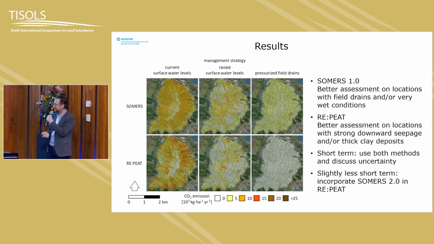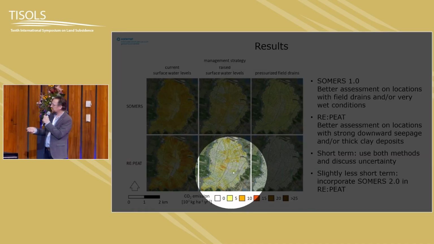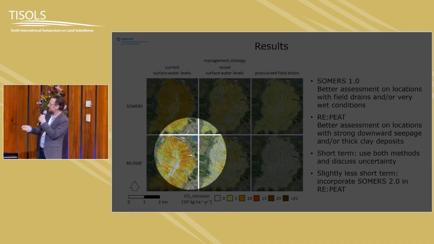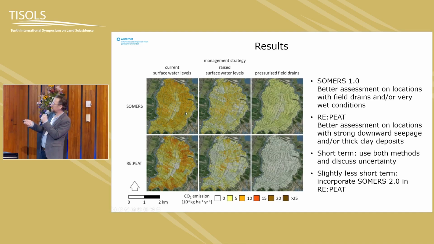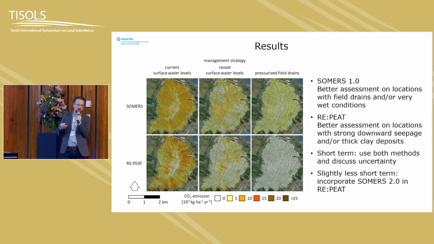That's good. There are some things that are not quite as good yet. Here you see these patches that are very deep orange, turning red, and SOMERS doesn't show that. That's because the 0.1 version of SOMERS only considers the water level in the ditches and not groundwater levels. And the REPEAT Jan van Akker regression does consider groundwater.